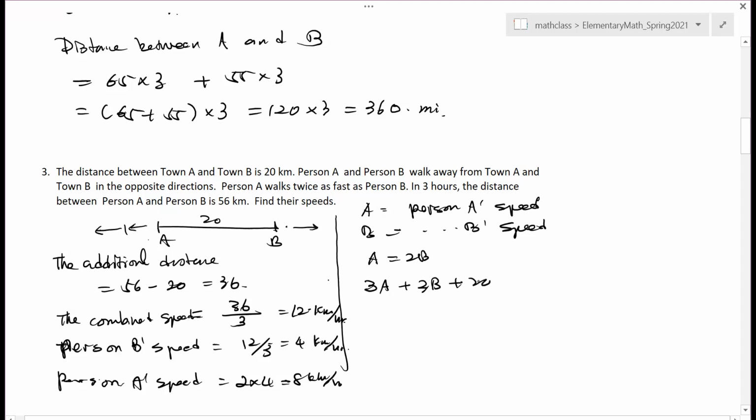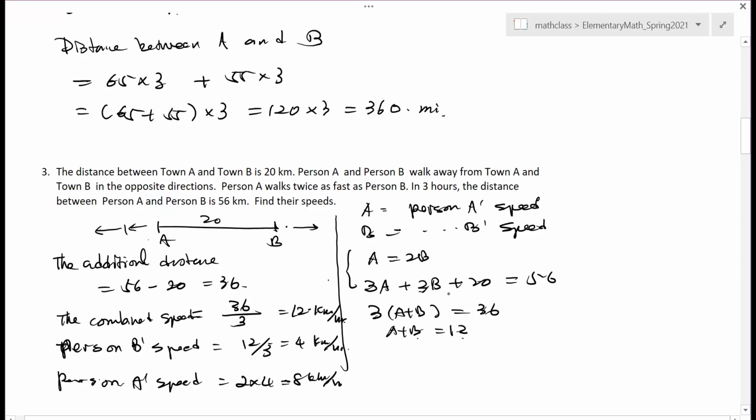Then add the 20, and this is going to be the total distance, 56. So you need to solve those two equations. But the second equation can be simplified: 3A plus 3B equals 36, right? Combine them, and then you divide both sides by 3, and you get 12.